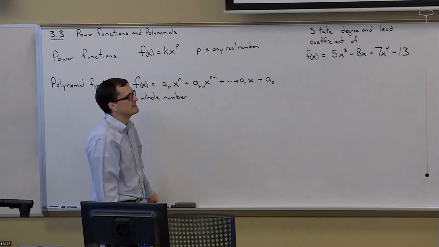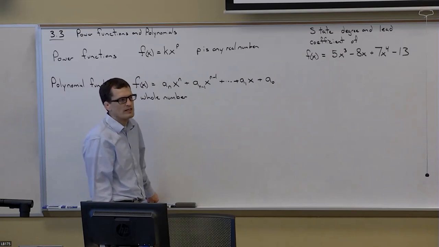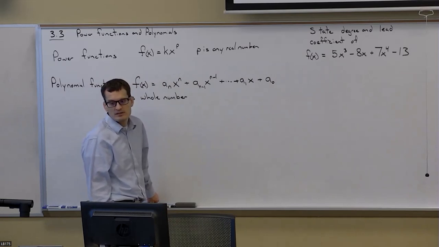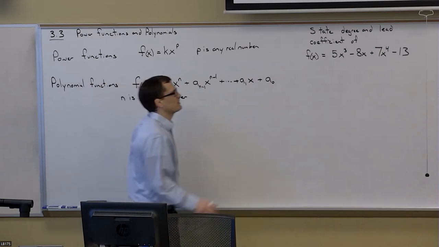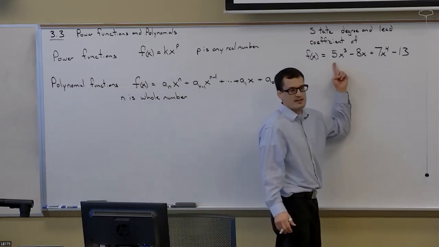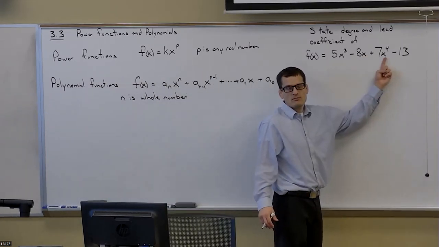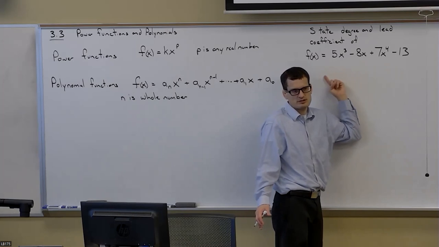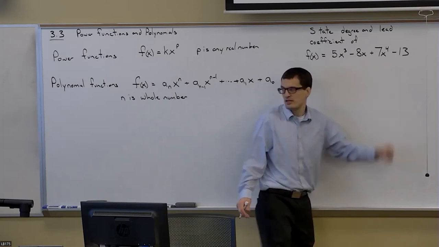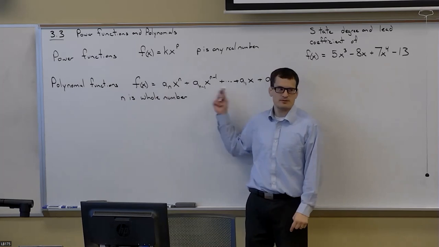Now, in this scenario, what is the lead term? This one's the trick one, right? Most of the time we write polynomials in descending order, so they go from highest degree to lowest degree terms. That's what generally we do.